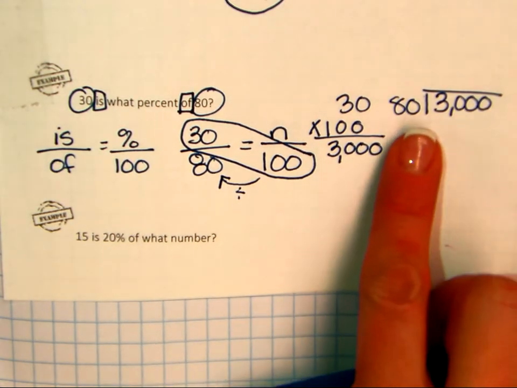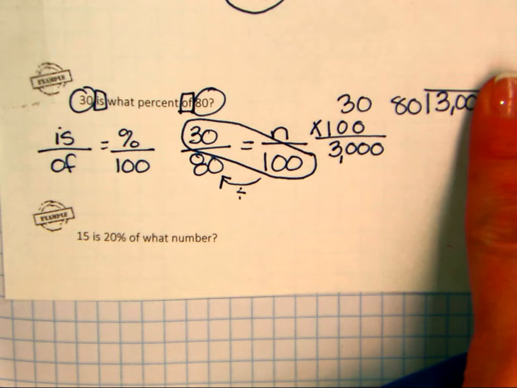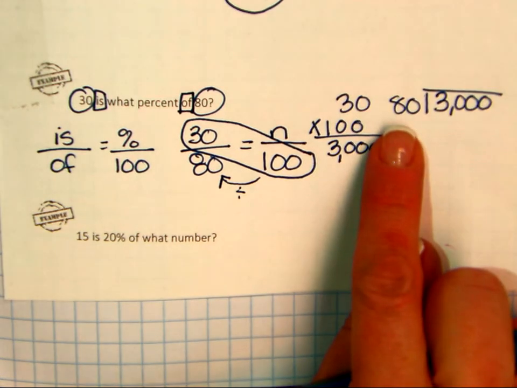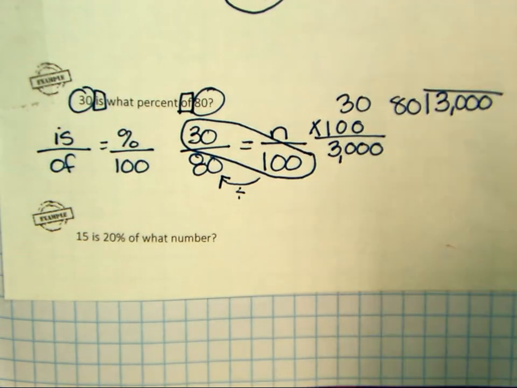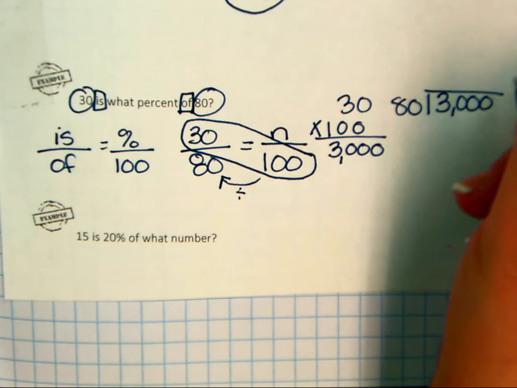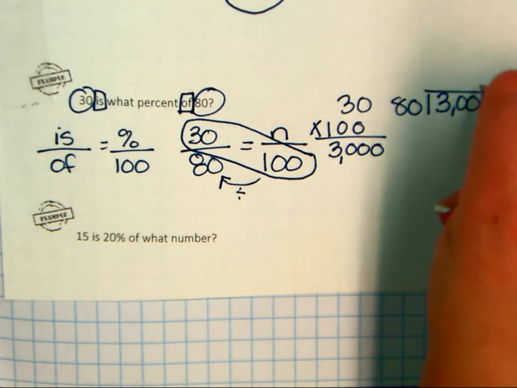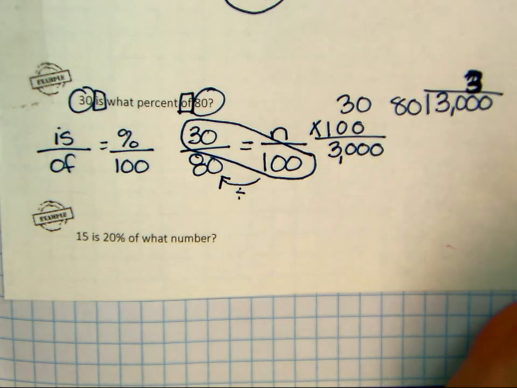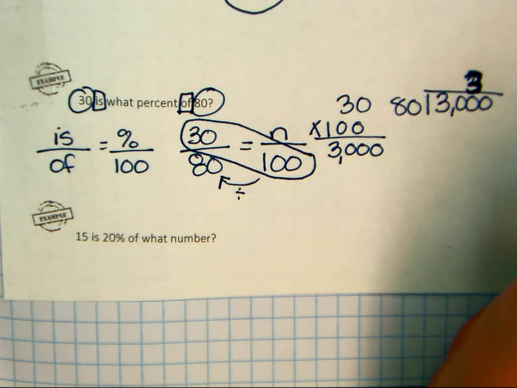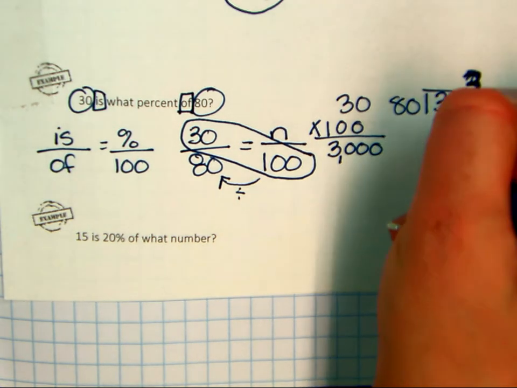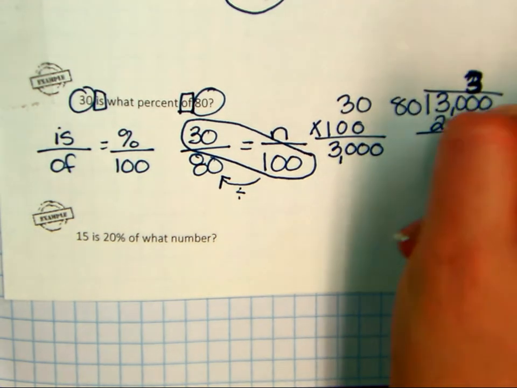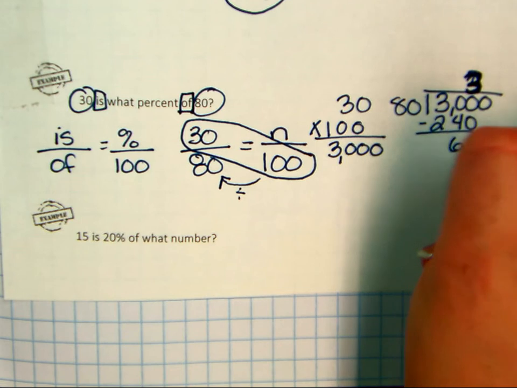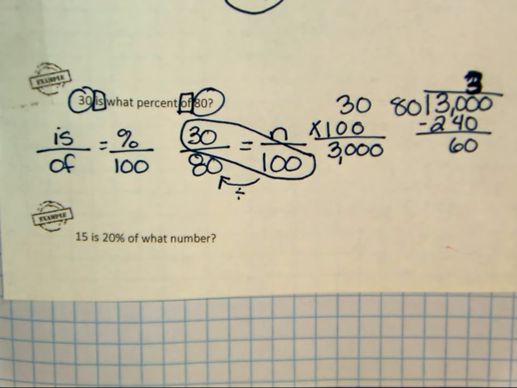We know that 80 can't go into 30, but it can go into 300, and we know that it can go in 3 times, because 8 times 3 is 24, so 80 times 3 would be 240. I said 4, I actually meant 3. Forgive me. We subtract, and we end up with 60.